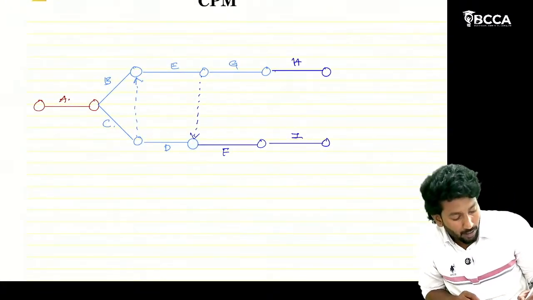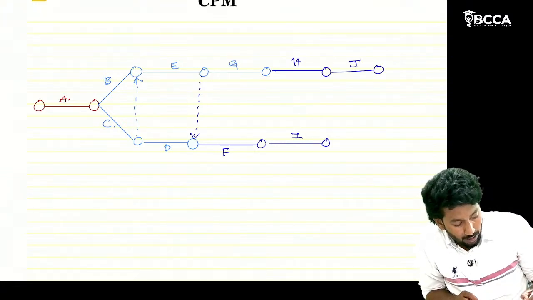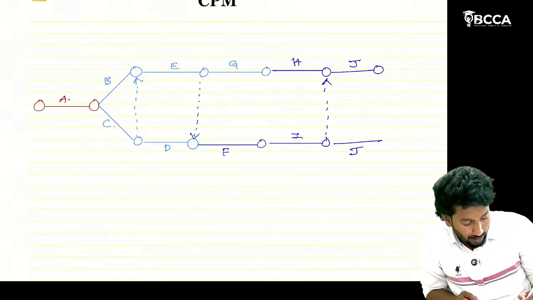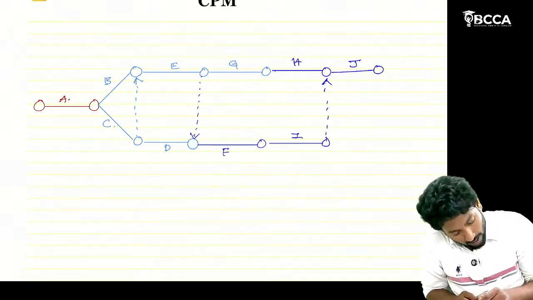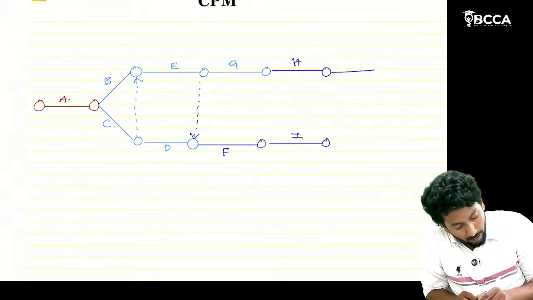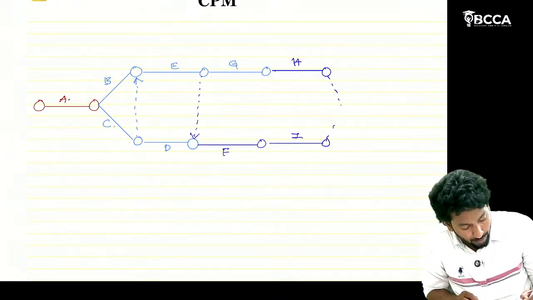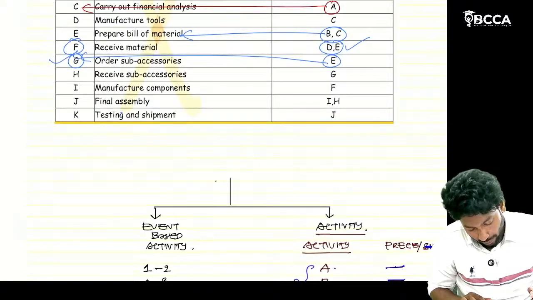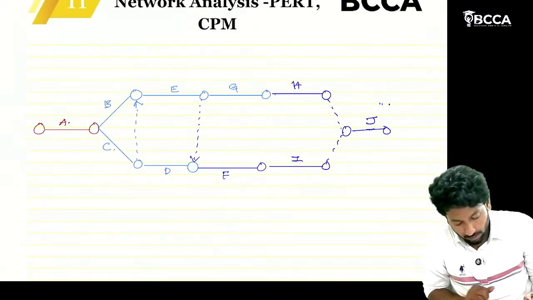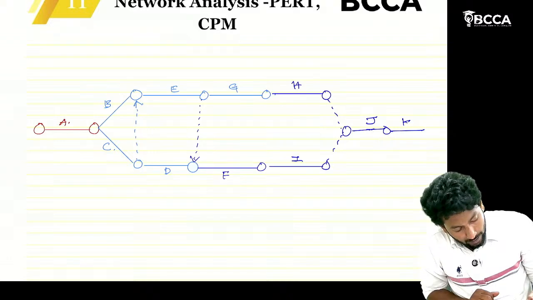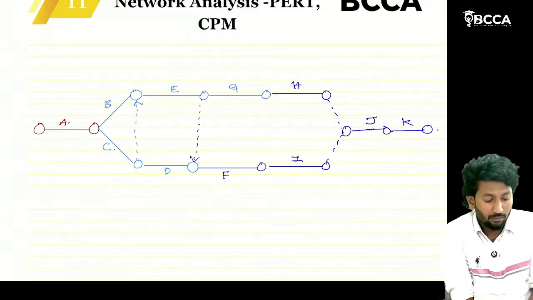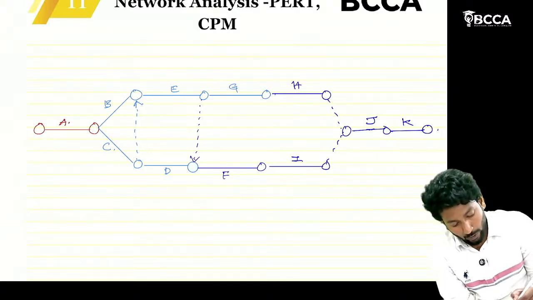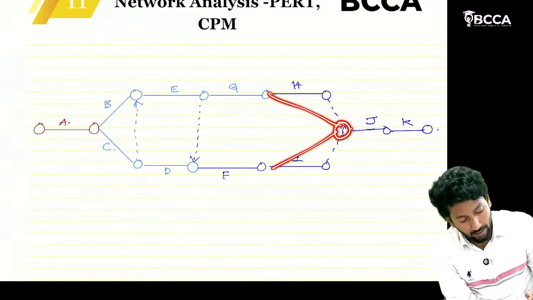Here we can draw J like this and connect using a dummy, or you can draw J here and connect a dummy from H to I. In a number of ways we can draw this. After J ends, finally we have activity K. That's it. Or else we can directly connect H and I here and draw J here.